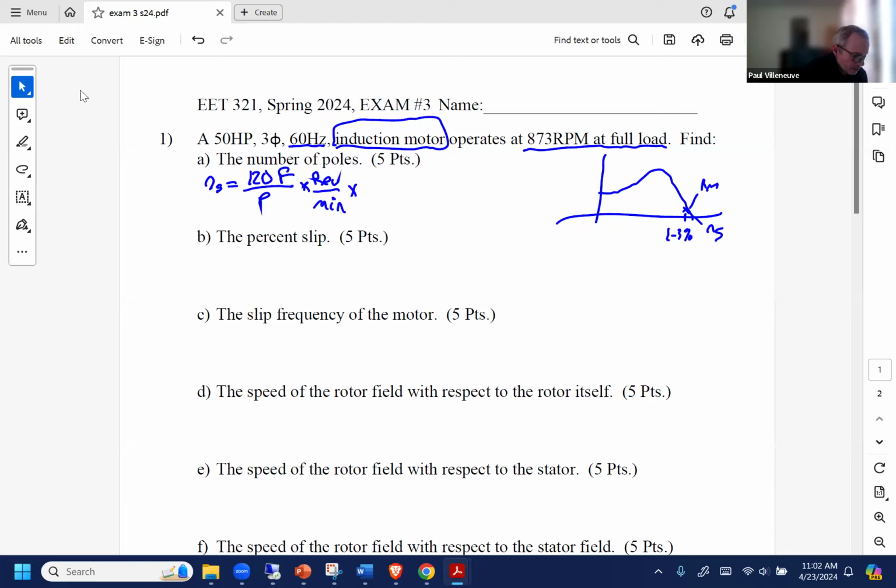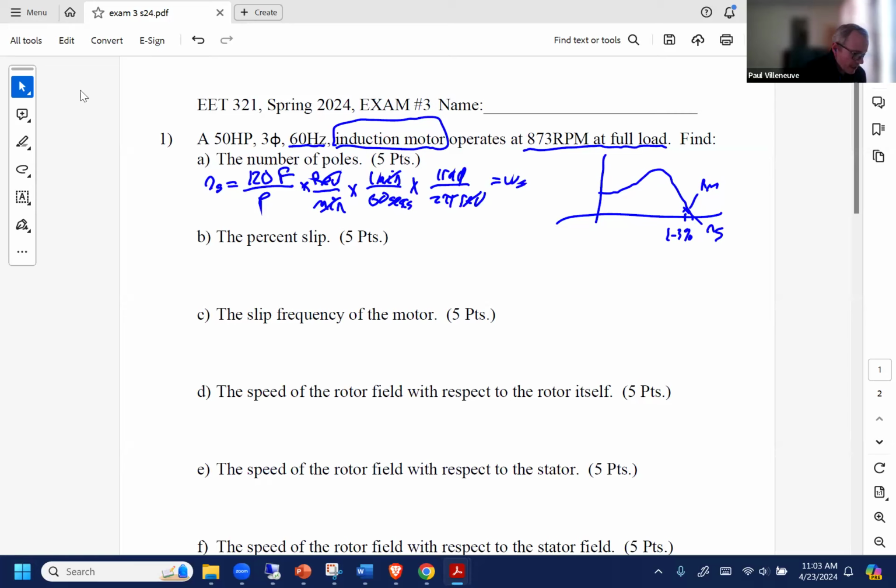And then you multiply by 1 minute per 60 seconds. And then you have 1 radian in 2 pi revolutions. And so what you're left with is radians per second, which is the conversion that you would do, right? So this one actually gives you omega sub s. Well, we're given omega sub s.